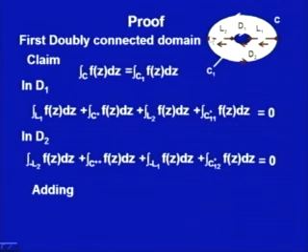So, the integrals along L2 and minus L2 are negatives of each other, since reversal gives the same one. So, I would get L1 and minus L1, and L2 and minus L2, cancel out. Then the C star and C double star: C star is this oriented curve and C double star is this oriented curve. If I add this up, what do I get?